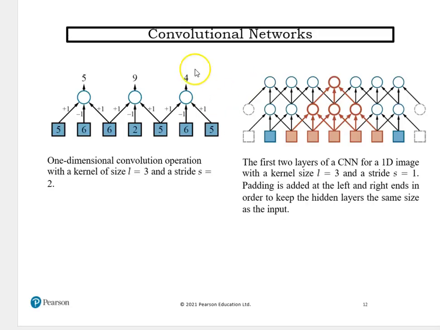In this case, on the left, you can see that the kernel size L is 3 because it combines 3 pixels, and the stride is 2 because we skip 1 pixel before applying the kernel again. The peak response is centered on the darker, lower intensity input pixel.